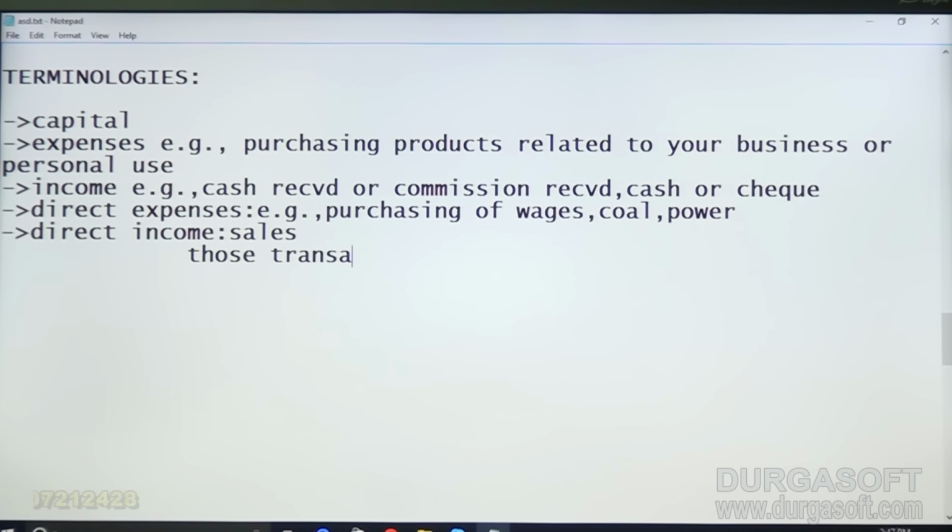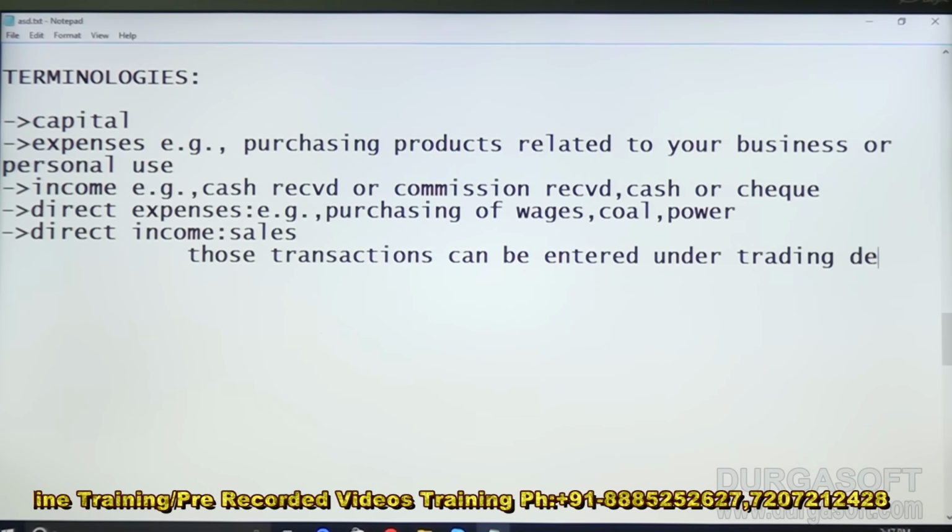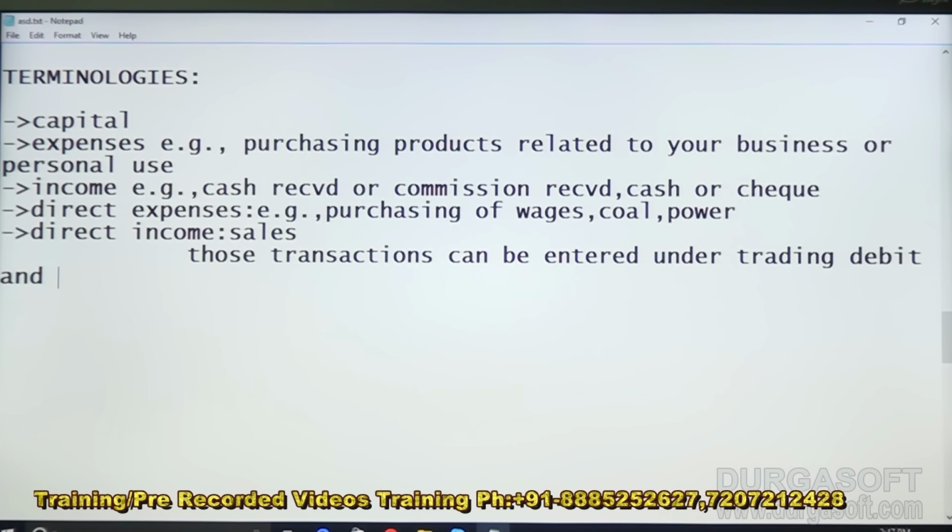Those transactions can be entered under the trading account, debit and credit.